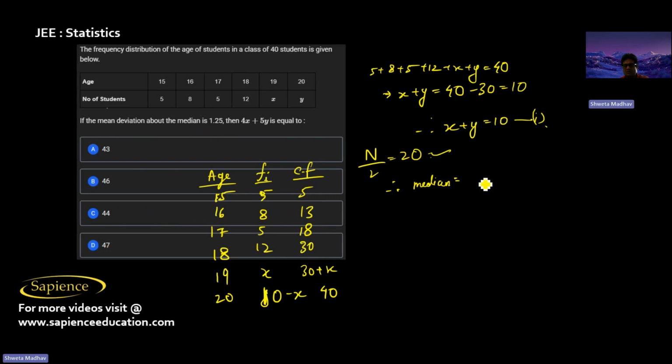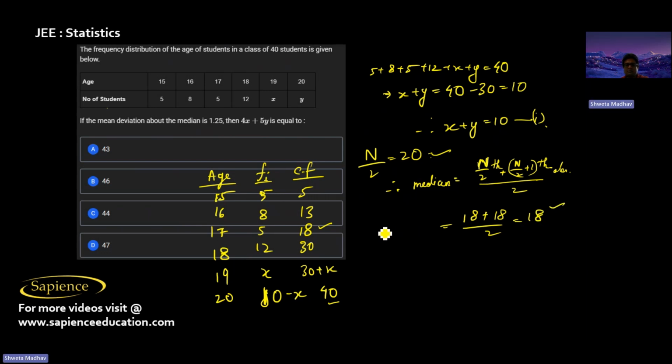Since there are an even number of observations, the median will be the mean of the n by 2th and n by 2 plus 1th observation, so we have to divide by 2. The n by 2th observation, that is the 20th observation, the 19th observation will be 18, the 20th observation is also 18, and the 21st observation is also 18. So that by 2, that is 18.